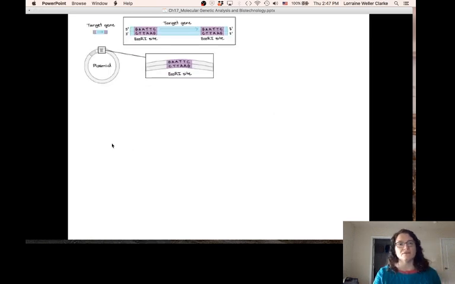So here we have, okay, a plasmid. This plasmid has this EcoR1 site, okay? And you have this target gene that also has these EcoR1 sites on either end of it, okay? So you flank the target gene, the one that you want to insert, with the EcoR1 site, and you have a plasmid that you know has the EcoR1 site as well.